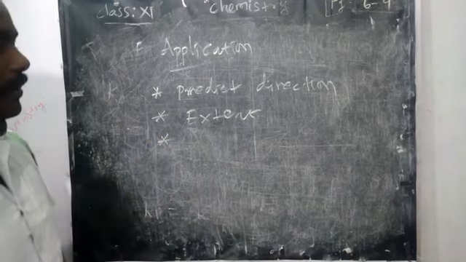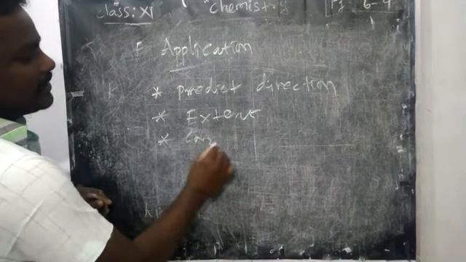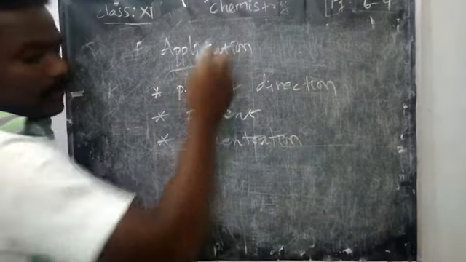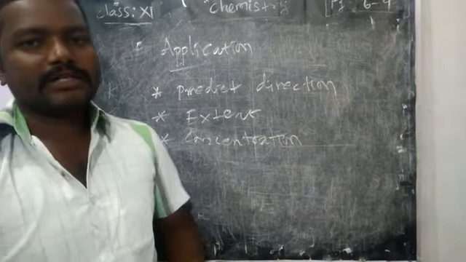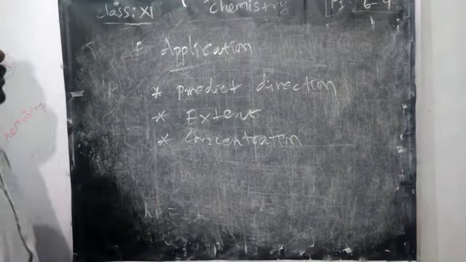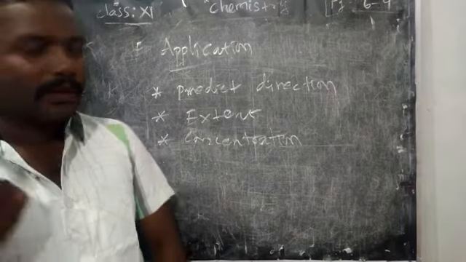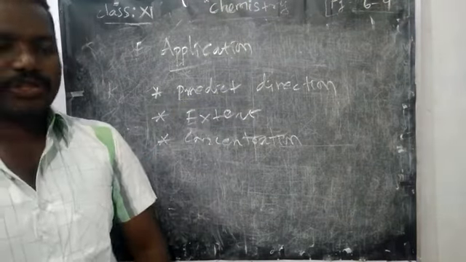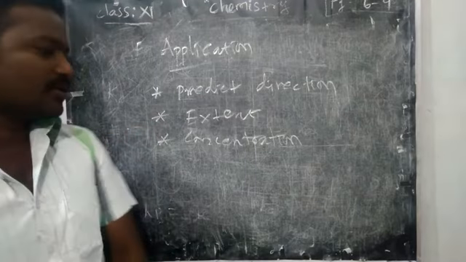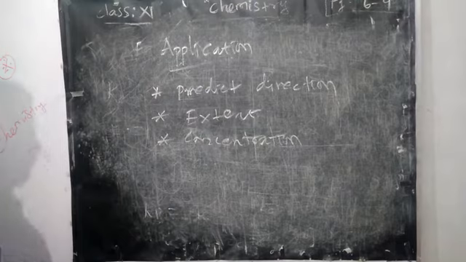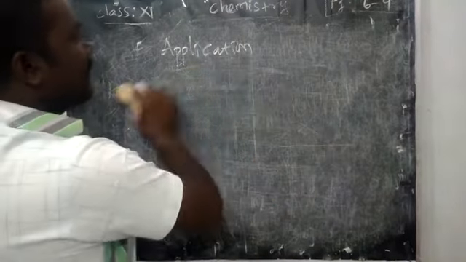The last one, we can find the concentration of reactants and products. If you want to find any concentration of reactant and product, you can use the equilibrium constant. Very important. So first thing we will learn now, we can predict the extent of the reaction.